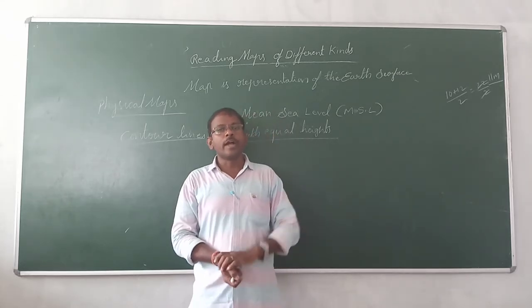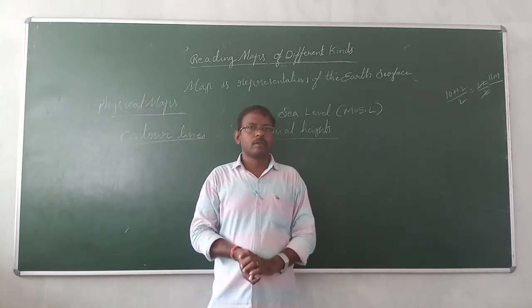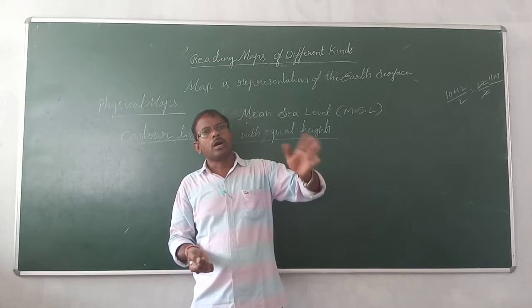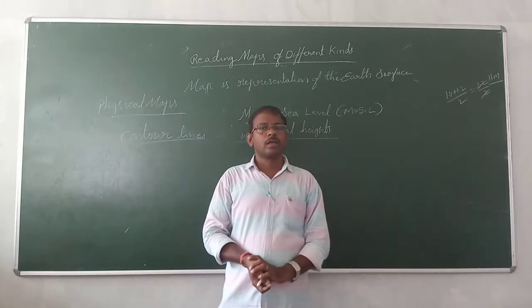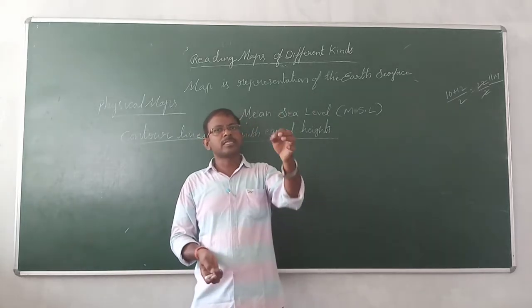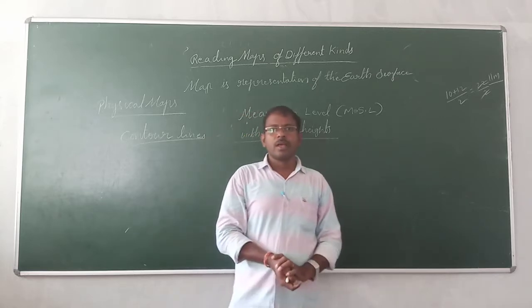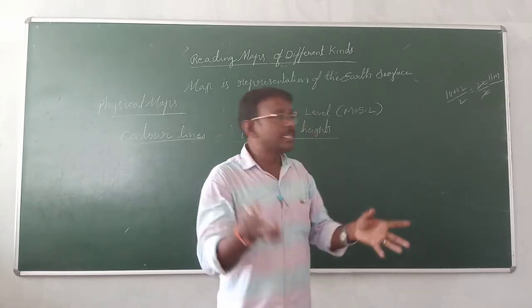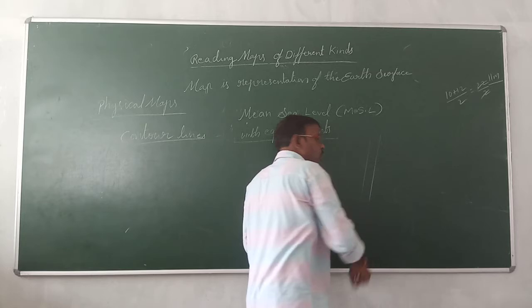Understood? And if you want to know the route to construct a road, which place is higher and which place is lower, we can't know. With the help of a map, we can easily understand and construct the roads.